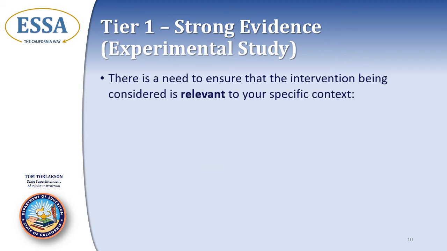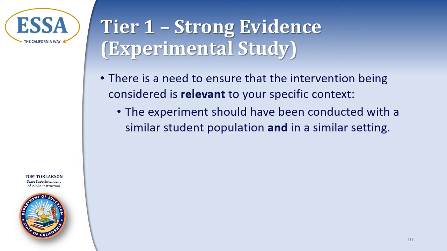There is also a need to ensure that the intervention being considered is relevant to your specific context. The experiment should have been conducted with a similar student population and in a similar setting to the one in which you are seeking to implement the intervention.